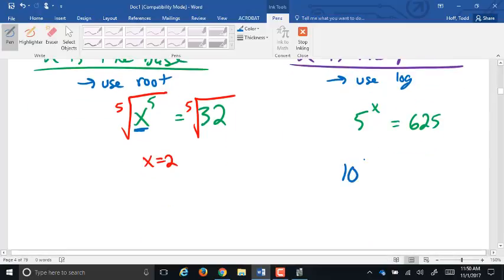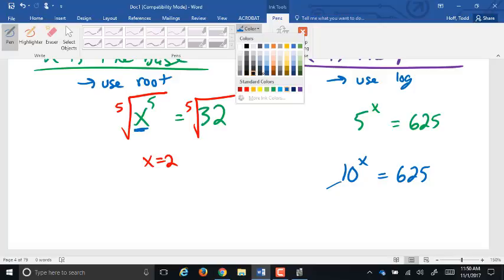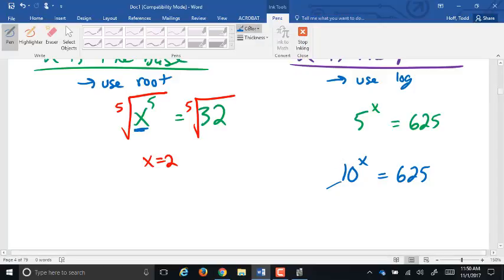All we know so far is if it's 10 to the power of x, we can solve it. If it was 10 to the power of x equals 625, we could just do a log of both sides. The log and the 10 to the power of cancel out. Log of 625 is going to be 2 point what?